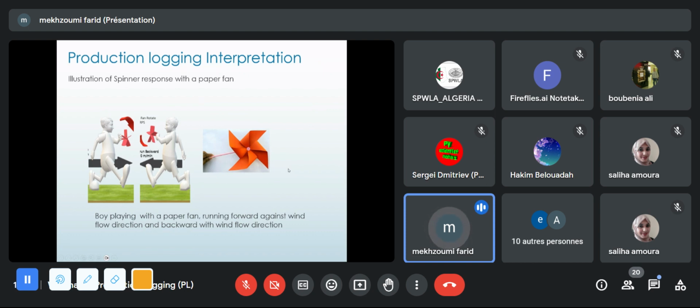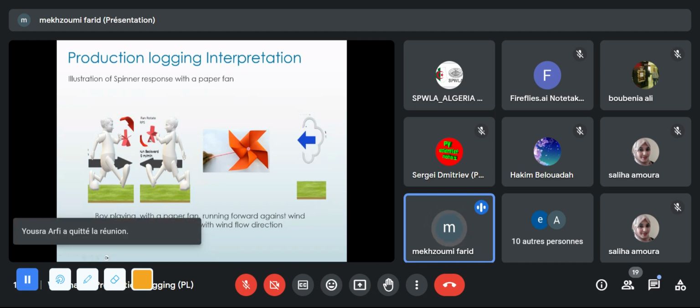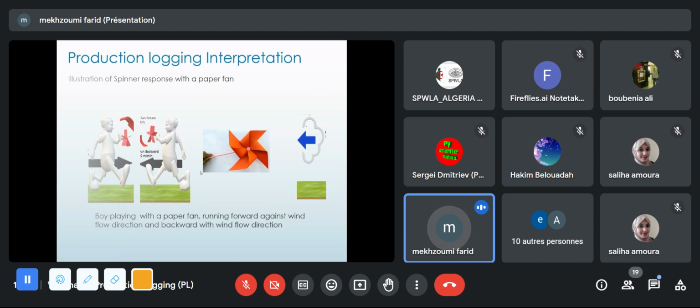We try to understand how the spinner responds to the fluid movement and to the cable movement. This one is our windy day, the wind, this is our tool spinner, and the cable is the boy. He's running forward and back.